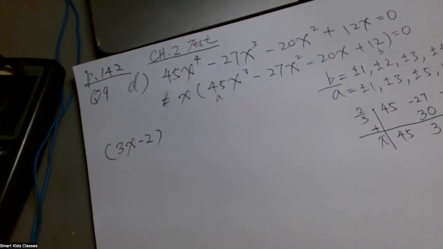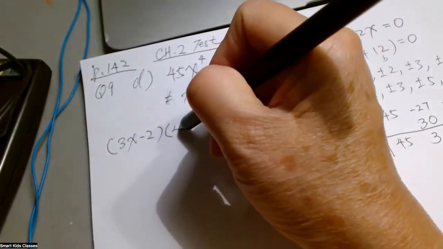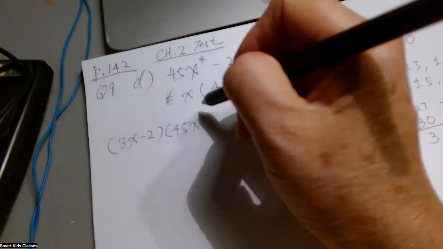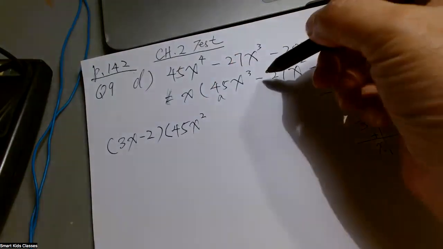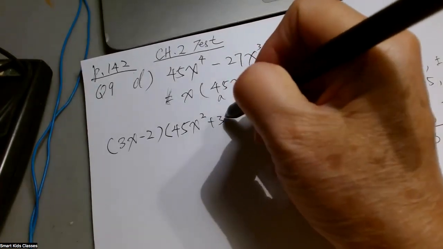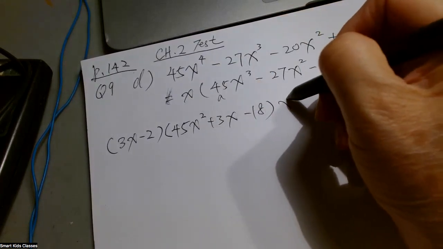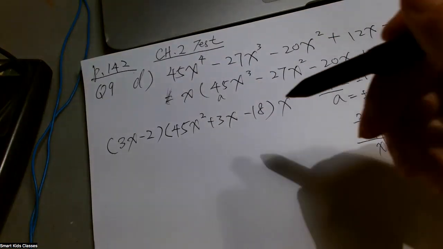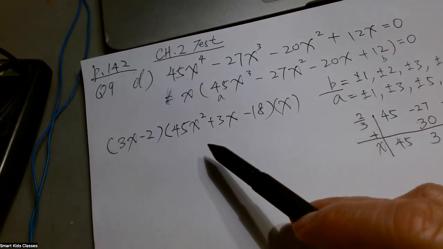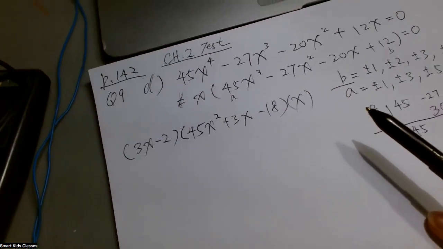So we write down, I move my camera. We write down here 45x exponent 2, and then 3x minus 18. So the x we put here. From here, we can simplify this by dividing by 3.